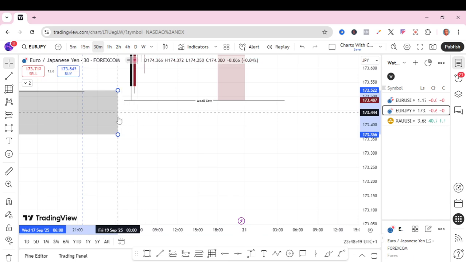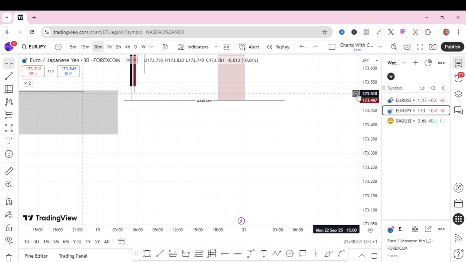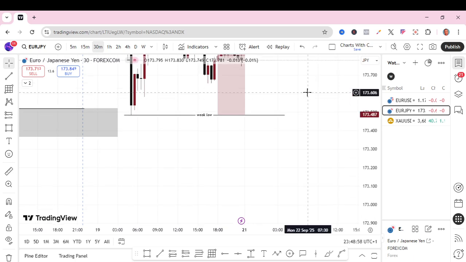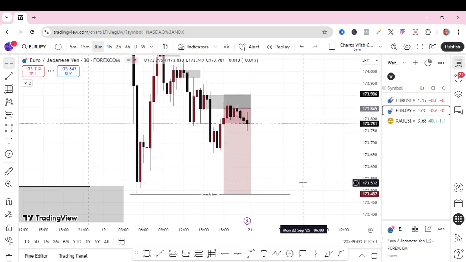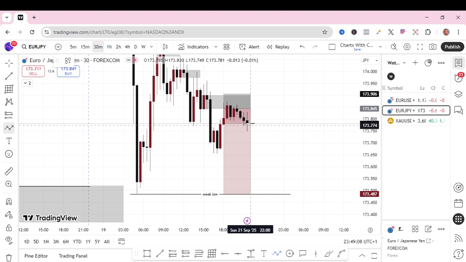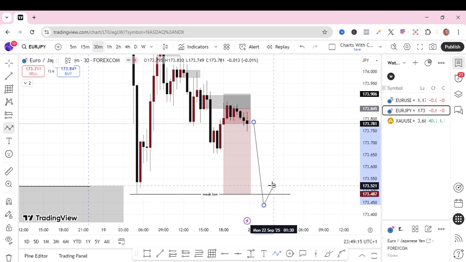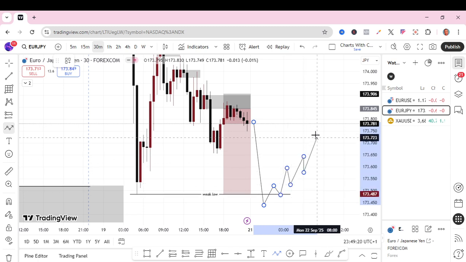So price might actually do something like this, from here down to this place, and then start giving bullish motivation, then I can take my buy, right?